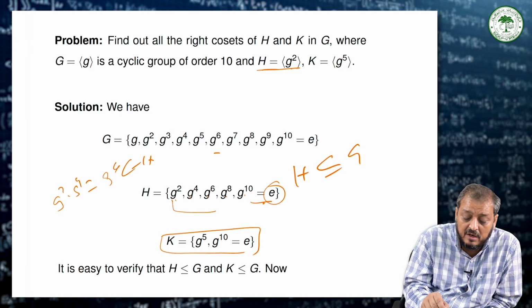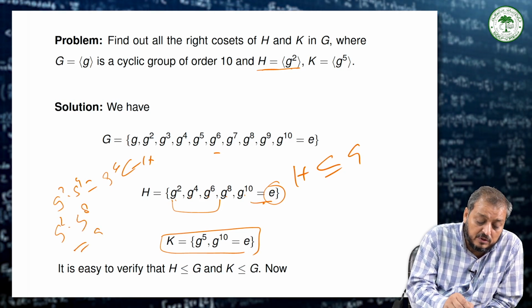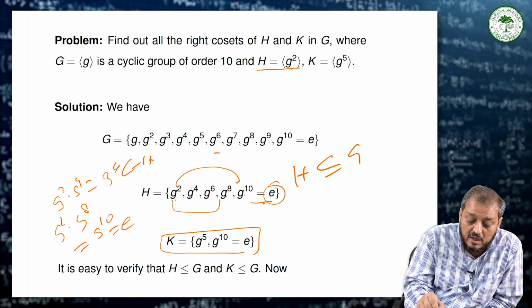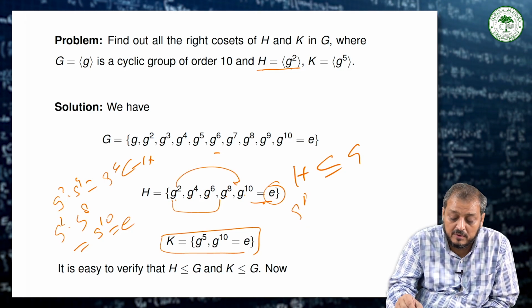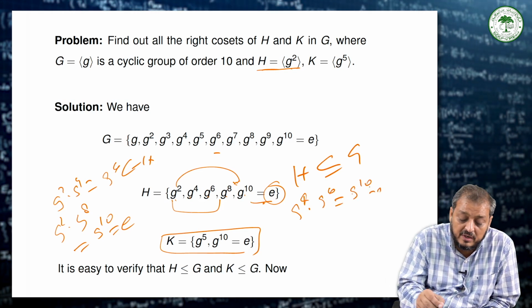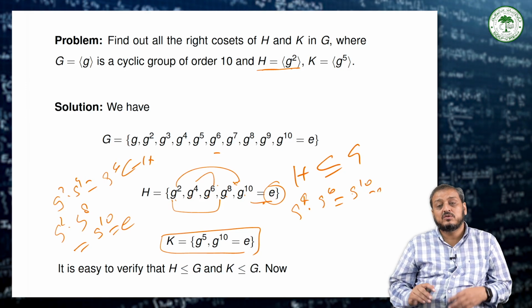So g squared into g to the power 8 is equal to g to the power 10 is equal to identity. Then these two are inverses of each other. g to the power 4 into g to the power 6 is equal to g to the power 10 is equal to identity. Then g to the power 4 and g to the power 6 are also inverses.